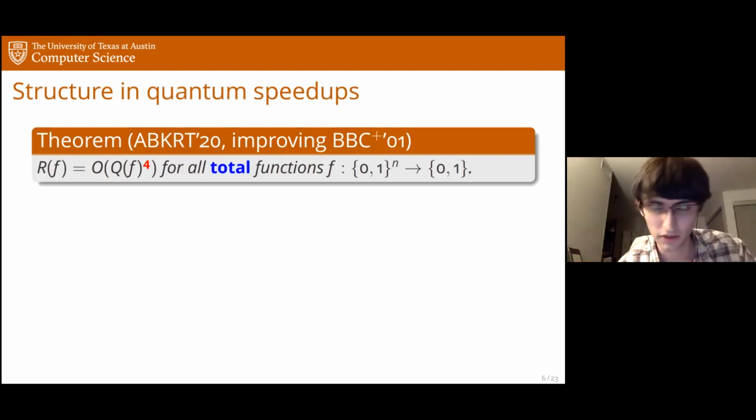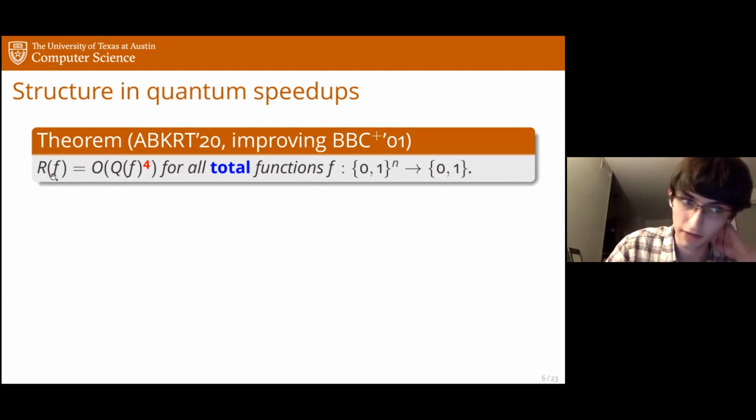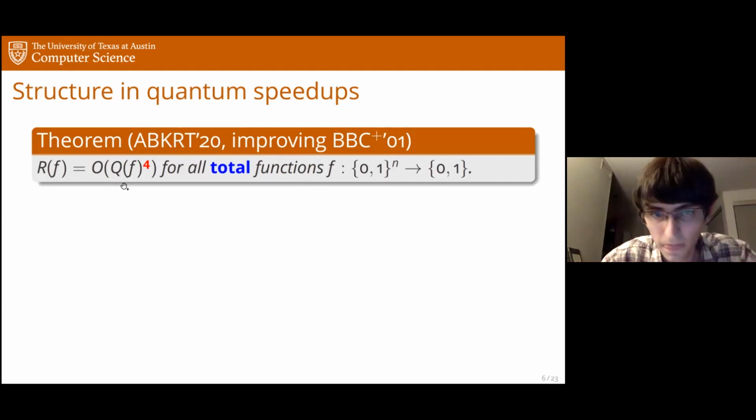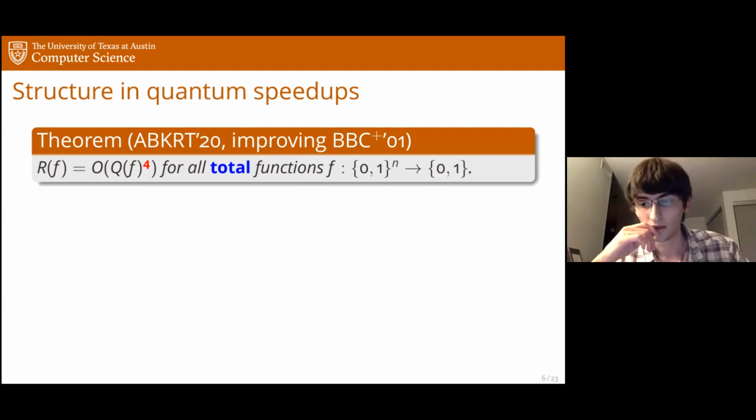The first one I'll mention, one of the most important early results in quantum query complexity, is that for all total Boolean functions, there is at most a polynomial separation between randomized and quantum query complexity. This used to be a 6th power relationship, but it was recently improved this year by Aaronson et al., presented earlier at QIP, to a 4th power separation. And so this shows that if you want some sort of exponential speedup, you need a partial function.